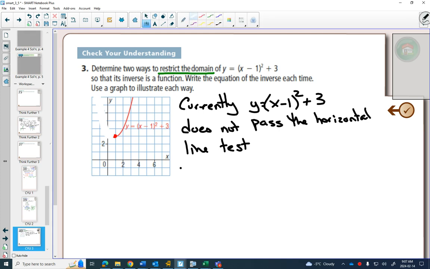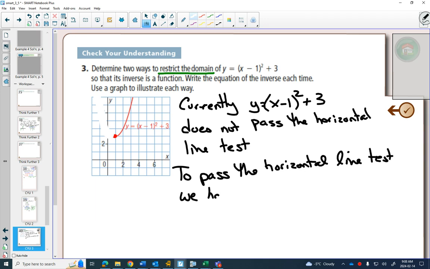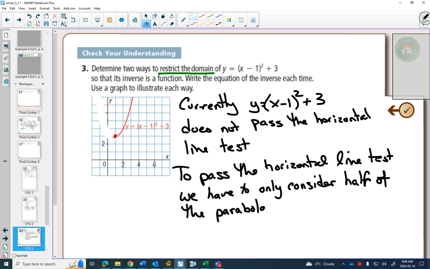So, to pass that horizontal line test, we have to think of only half of the parabola.